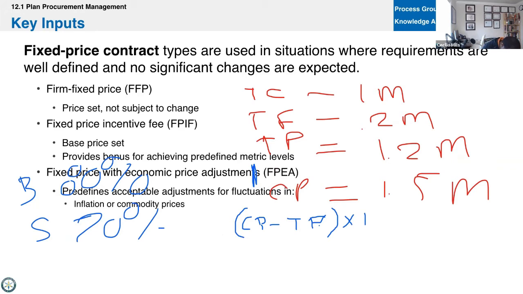All right, I'm just going to write the buyer's share ratio. Okay, and then that whole thing plus your target cost.